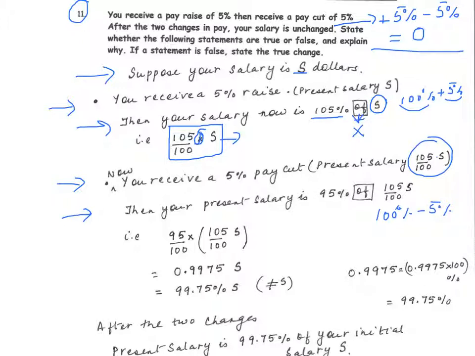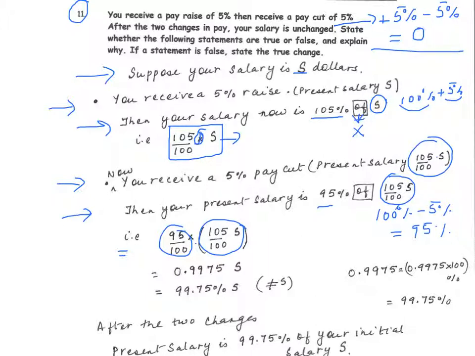So your present salary is 95%, so the difference is 95 off, it's 95% off what you're earning at that time. So this is equal to 95% times what you were earning, which is 105 over 100 times S.